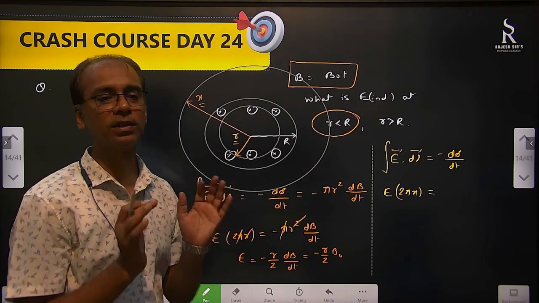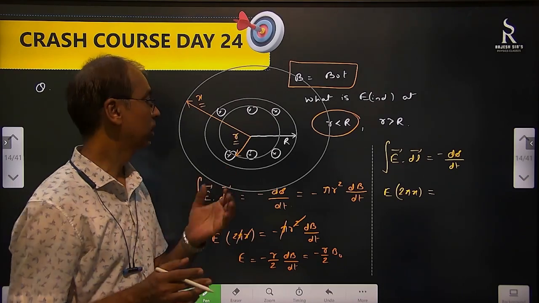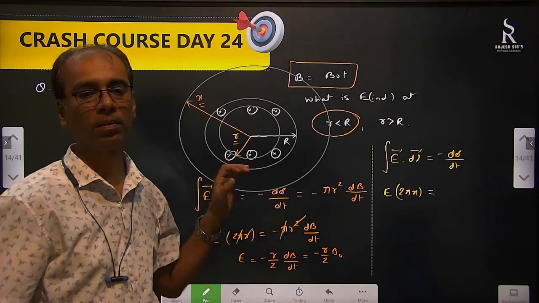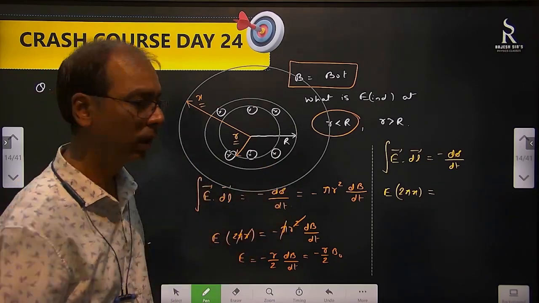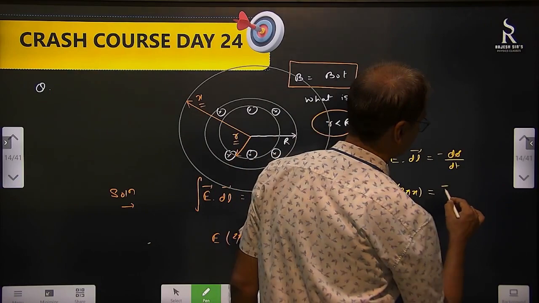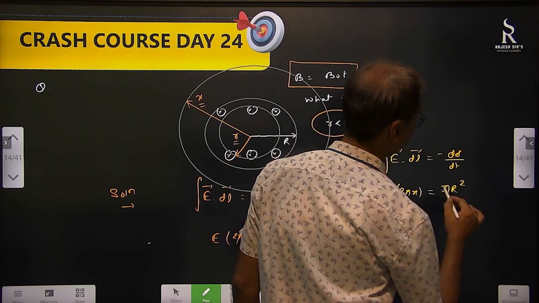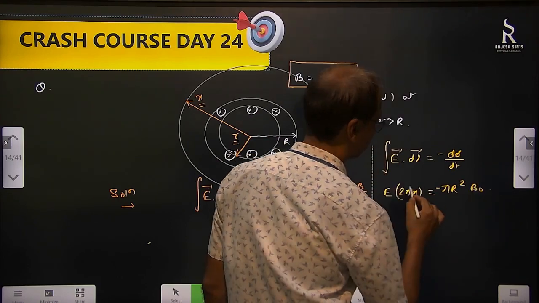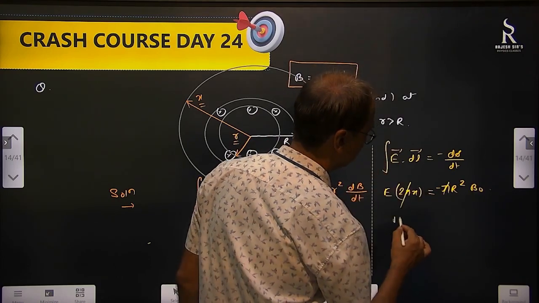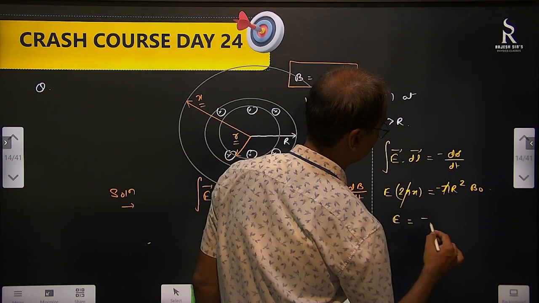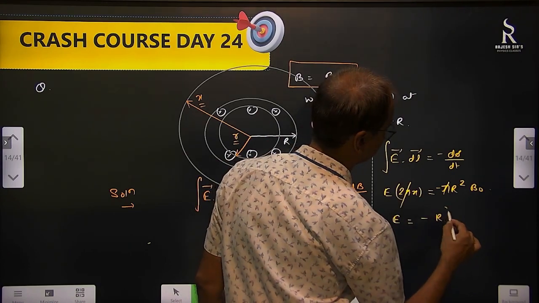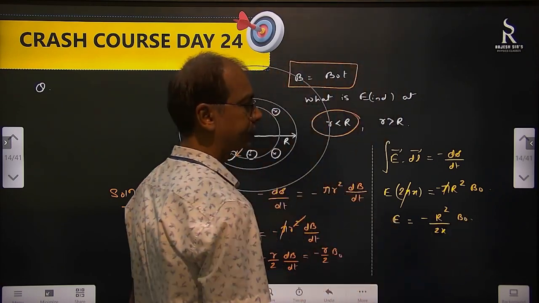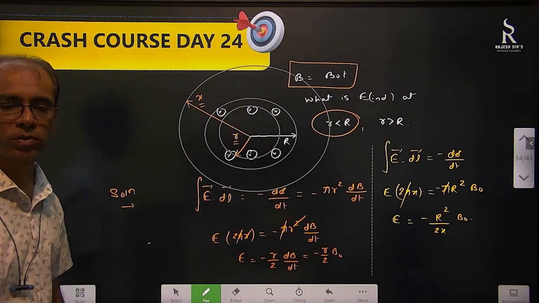The area through which flux is changing. That means πR², not πx². So πR² into dB by dt, and dB by dt will be B naught. What can you cancel? Only π. So the induced electric field is minus R² by 2x into B naught.